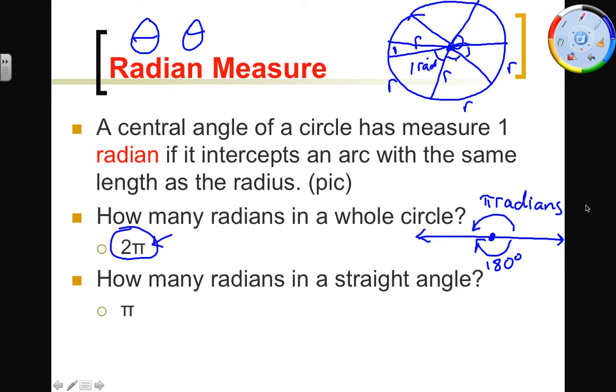And that right there is what I'm actually going to be getting into. This is our conversion factor. I know that pi radians is the same thing as 180 degrees, so I can convert between the 2 different types of measures.